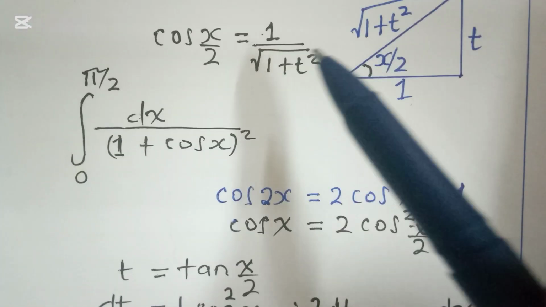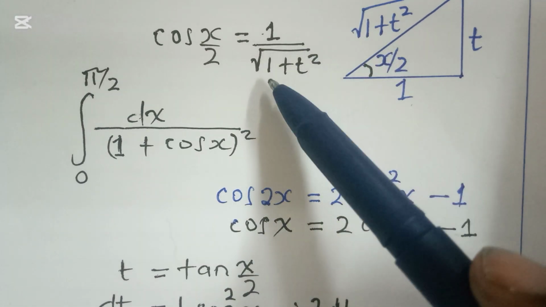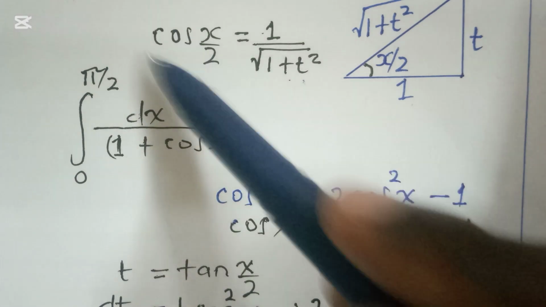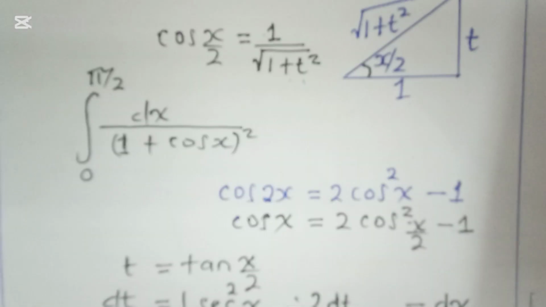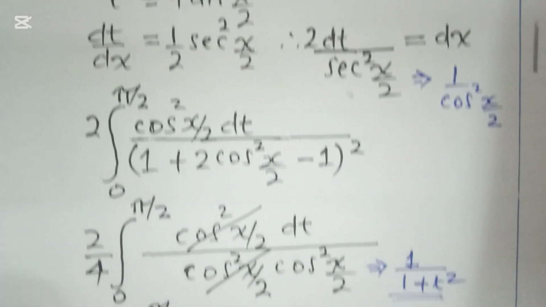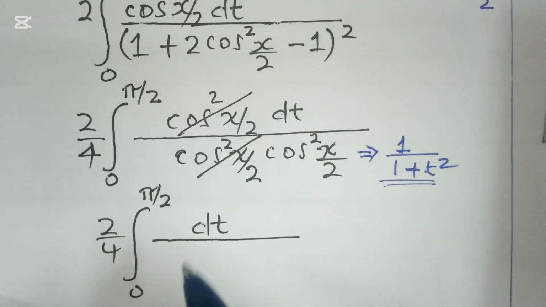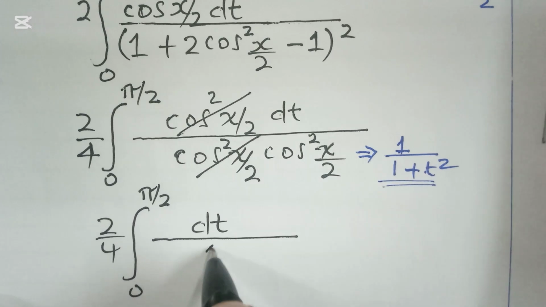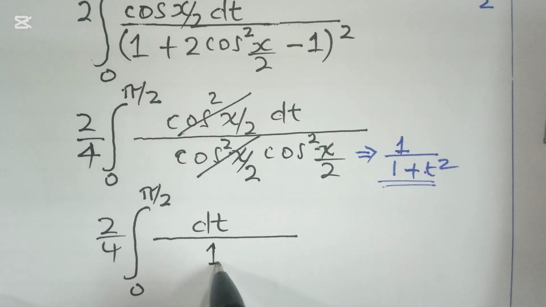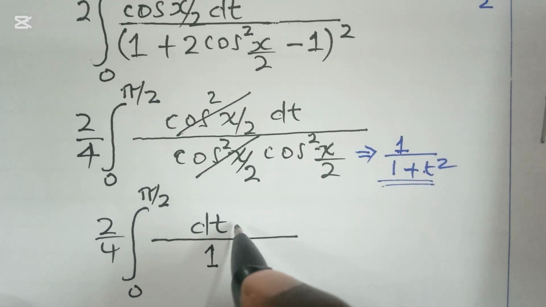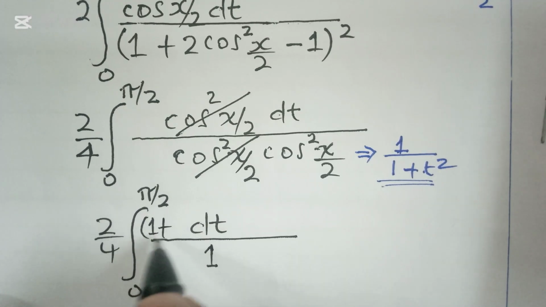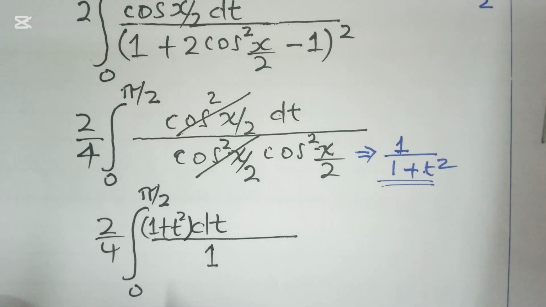Because when you square this, guys, you get 1 all over 1 plus t squared. We remove the square root once this is squared. So guys, that's what we are going to replace with. So this is going to be 1 all over 1 plus t squared, and here 1 plus t squared, like that.